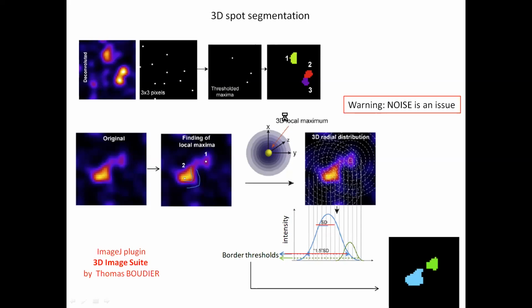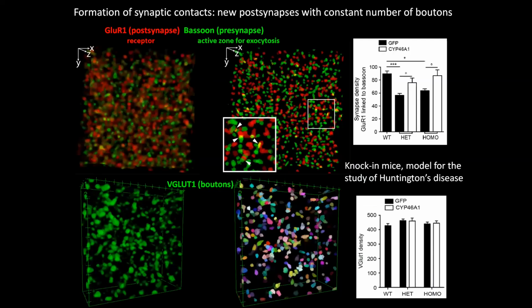Sorry. So now, just to give you the context: using this GluR1 and Bassoon, I did the segmentation using spot segmentation, and I wanted to count the number of synapses. In that case, what I counted was the number of intersecting objects.